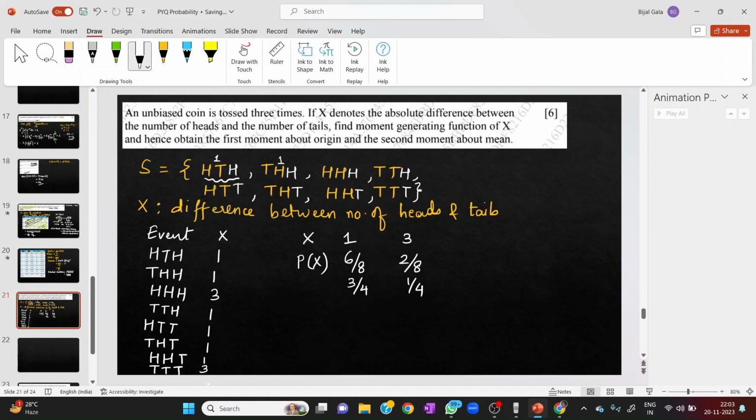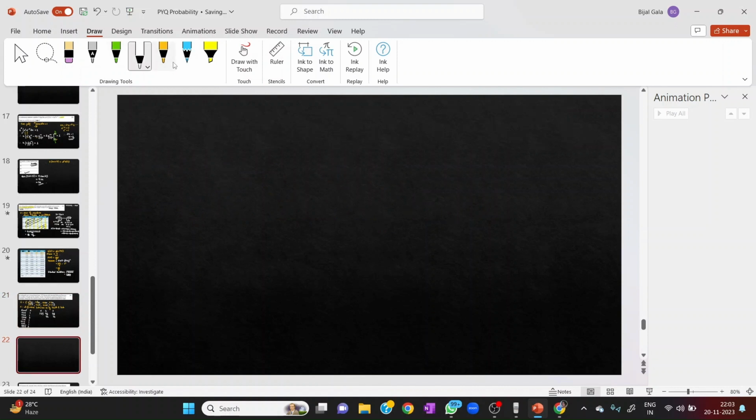So we'll see how to do this. To find the moment generating function, we'll first find the moment generating function about any point A. This is how you write it. The formula for a discrete type of variable is summation of pi times (x minus a) the whole raised to r.